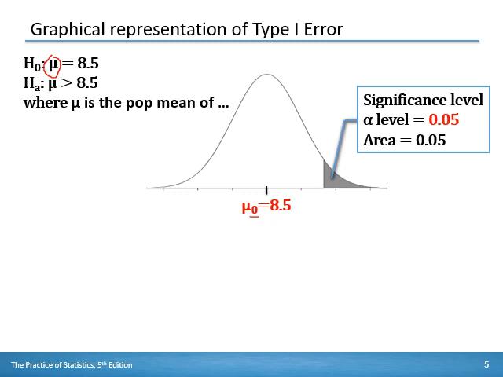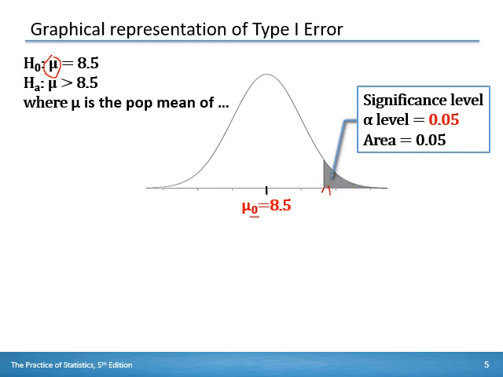All right, and so if our X bar is further down into this shaded region, so if our X bar is anywhere to the right of that little threshold value, then we know that we would end up rejecting the null hypothesis, because then our shaded region would be smaller than the shaded region that is represented by that alpha level.